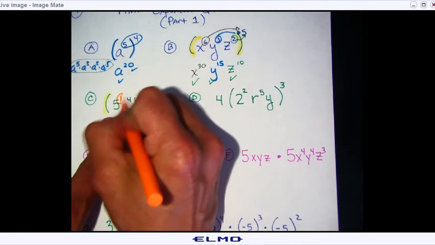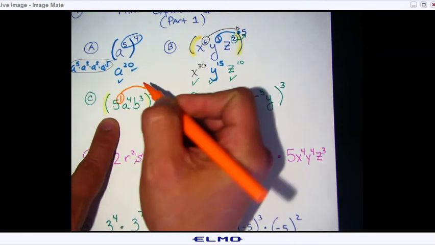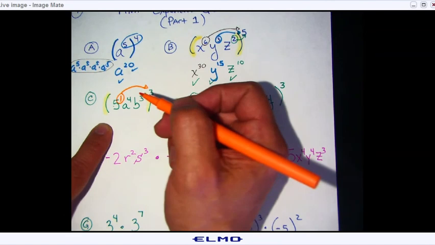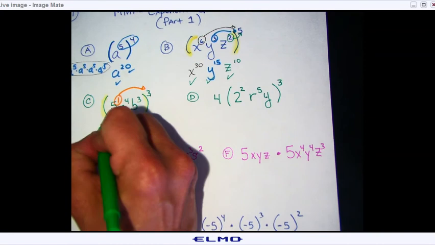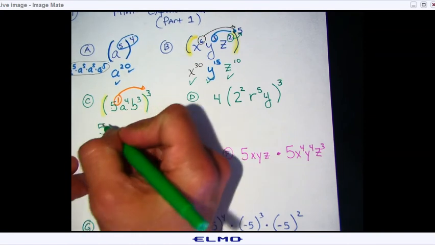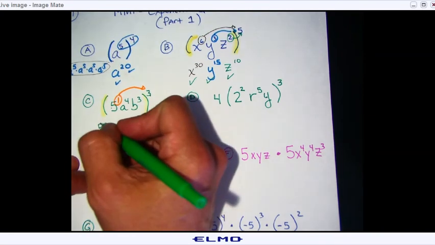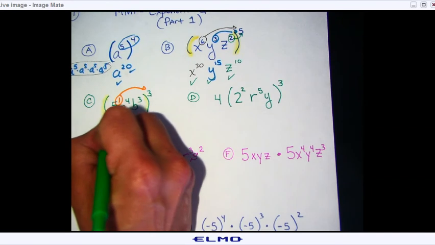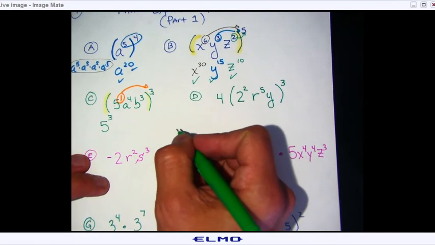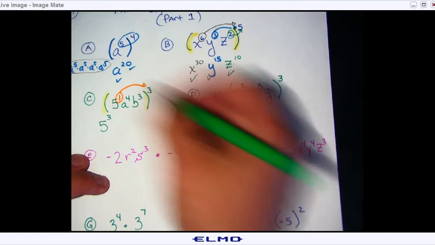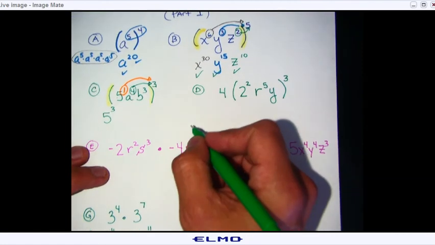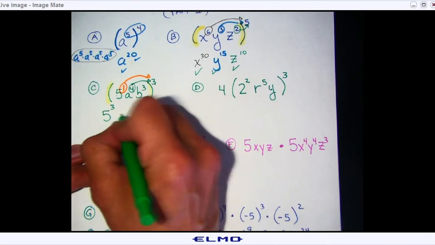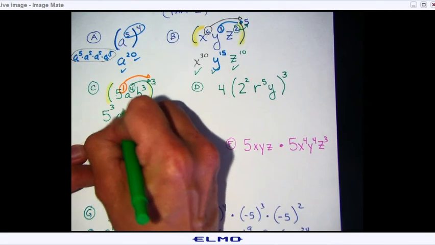Okay? 1 times 3. Julian, what's 1 times 3? Julian Galindo. Wow, that took a long time. Here we go. How about a, Michael Corral? a to the 4 times 3. a to the 12.